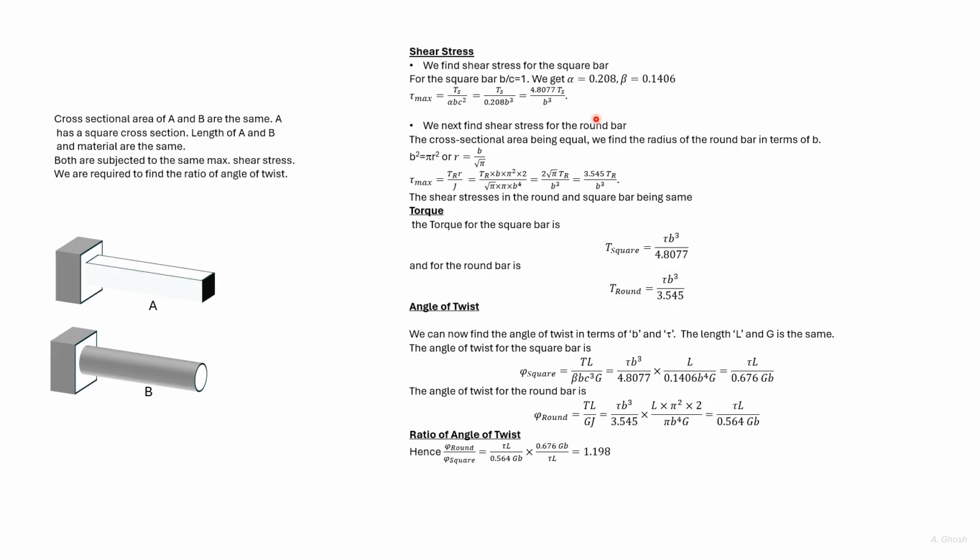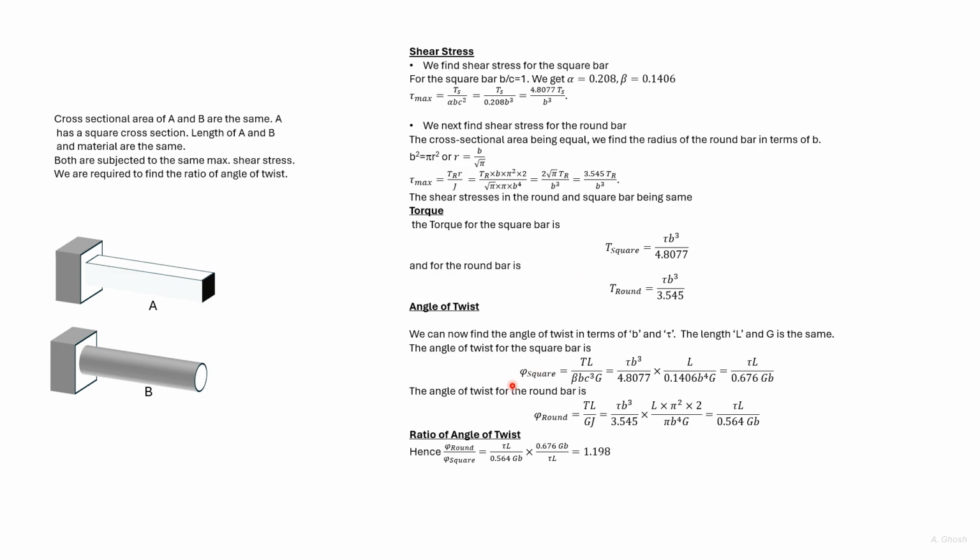Now tau is the same in both the bars. So here we have written Ts in terms of tau and b for the square bar. And here we have written Tr in terms of tau again and b.